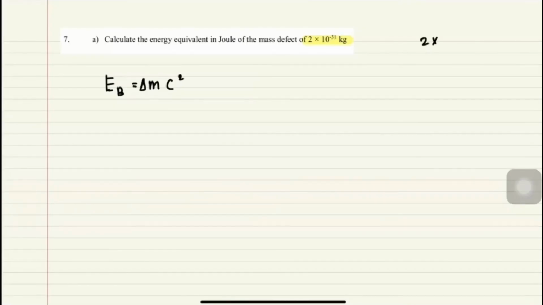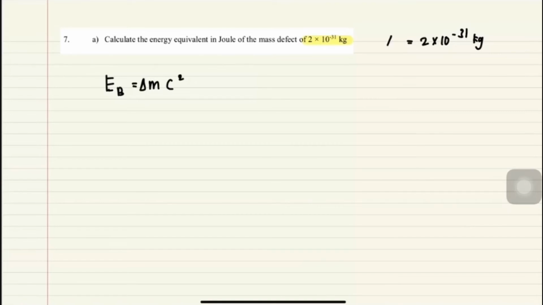Okay, they do give you the value here. Ini value ni apa sebenarnya? 2 times 10 negatif 31 tu. Simbol apa kita nak represent 2 times 10 negatif 31? Mass defect. Mass defect, right?